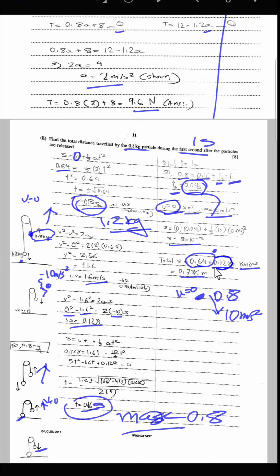This 0.128 meter is when the 0.8 kg particle reaches its maximum height, and this 8 into 10 to the power negative 3 meter is when the 0.8 kg particle moves from its maximum height downwards until it covers 1 second. So this is the total distance it covers for a time period of 1 second.